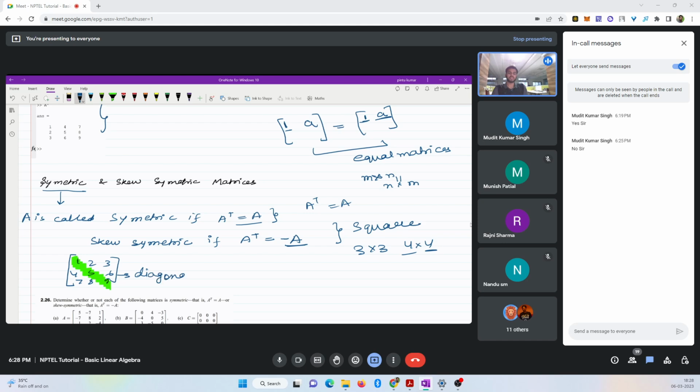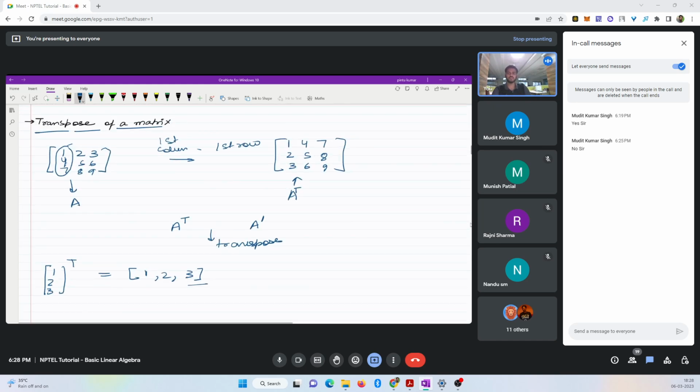Whenever you take the transpose of a matrix, these diagonal entries do not change; they remain intact. Like in the example over here, their diagonal entries are exactly the same, 1, 5, 9. Here also they are 1, 5, 9. So the diagonal entries don't change.